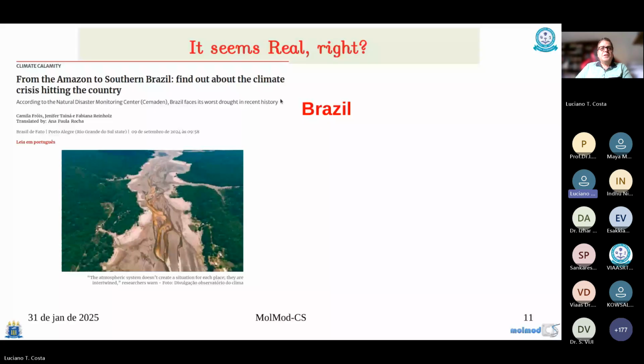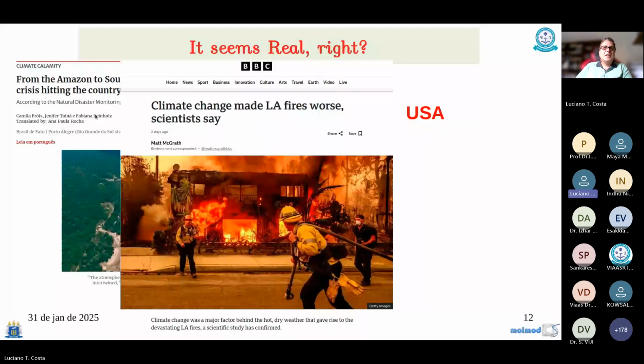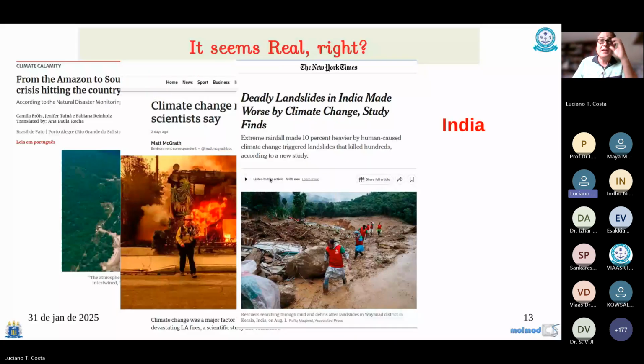But also, recently, we could see that these occurred in the United States of America. In LA there was fire, and this was connected to climate change by scientists, as you can see in this news here. But in India too, we can see news from India.